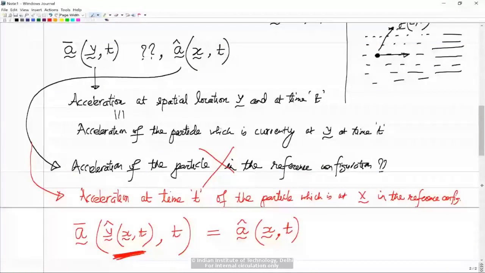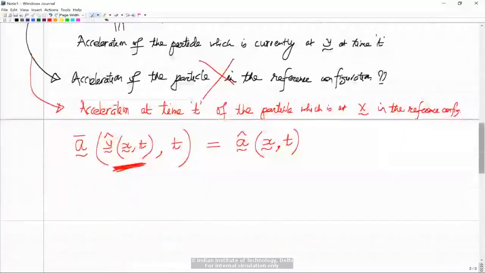Now let us see how we can relate the two velocities. How do we relate the two velocities? This v bar and v hat, how can we relate those two? So v bar of course is a function of y comma t, and v hat is a function of x comma t.